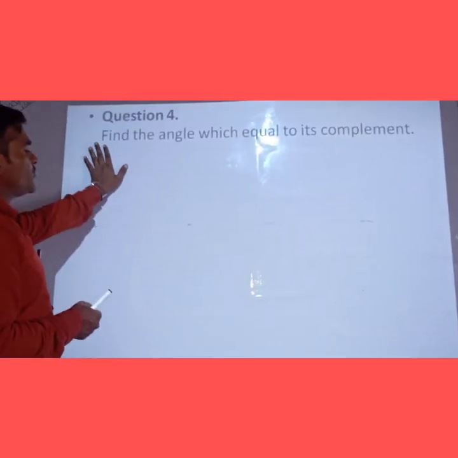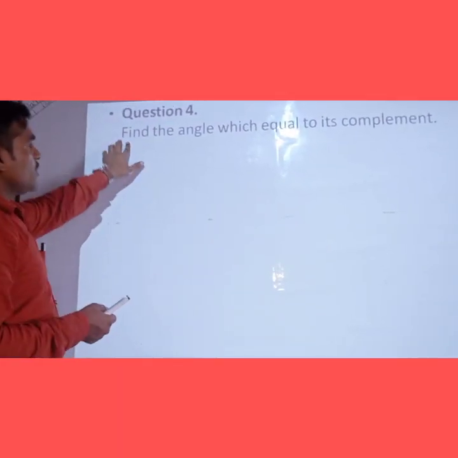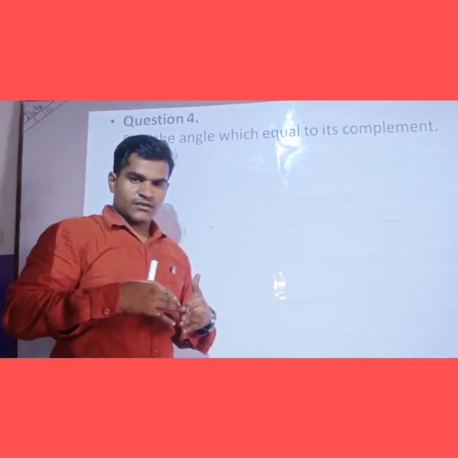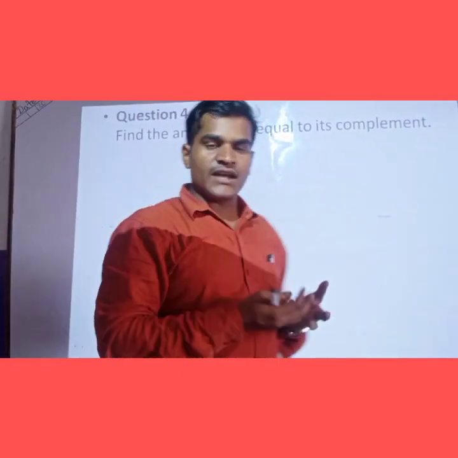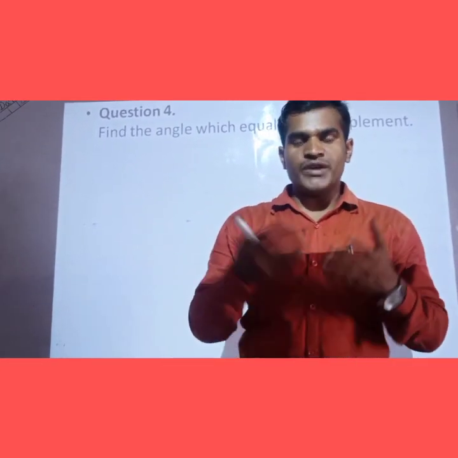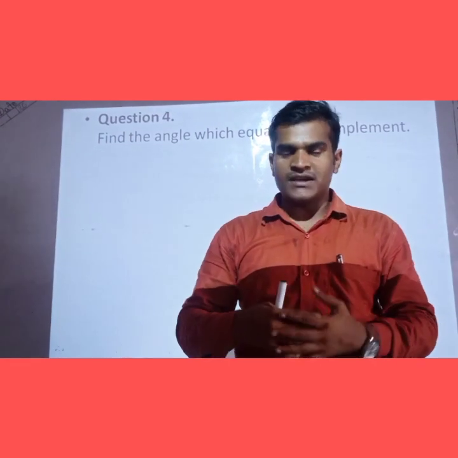Actually, in question number 4, it is given: find the angle which is equal to its complement. So how do we find the angle which is equal to its complement? Let us consider the angle which is equal to its complement to be x.